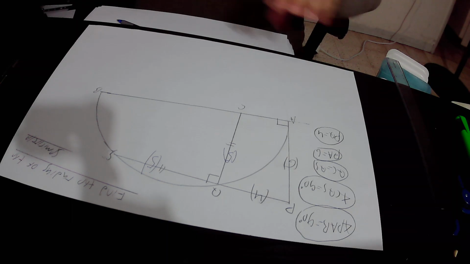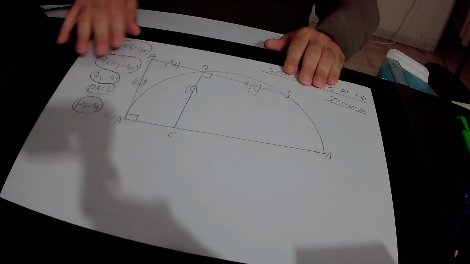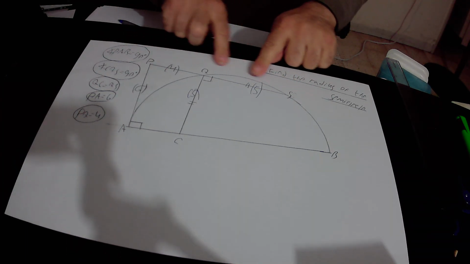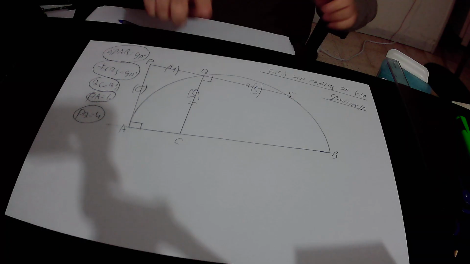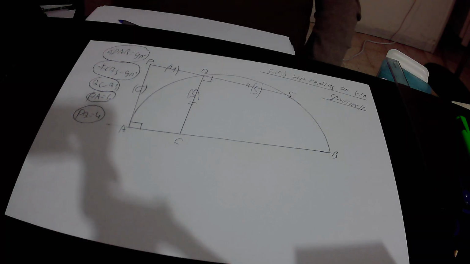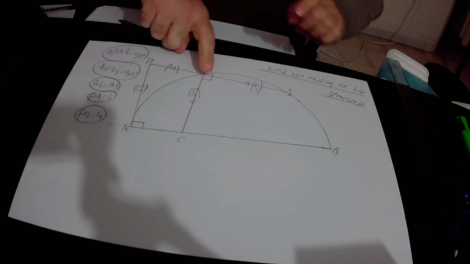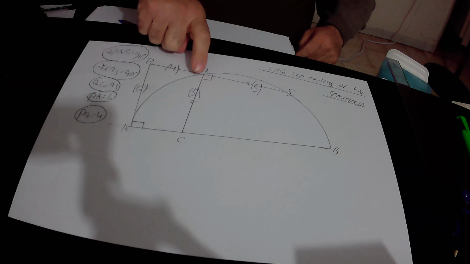We can actually implement rule number 3 in our drawing. Why? Because in our drawing, if we focus on the lower side of the straight line PS at point Q, the sum of the angles must equal 180 degrees according to rule number 3. Which angles do we have at the lower side of PS at point Q? We have this angle that is equal to 90 degrees plus the missing angle.